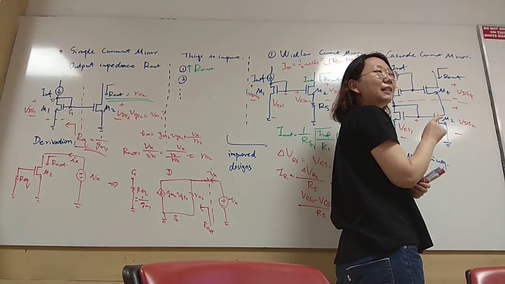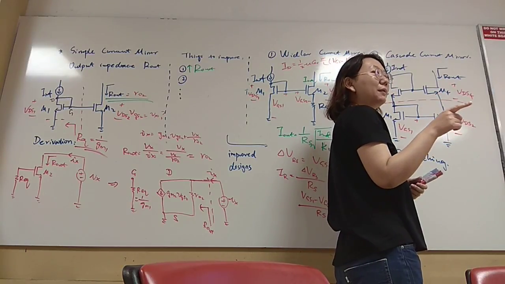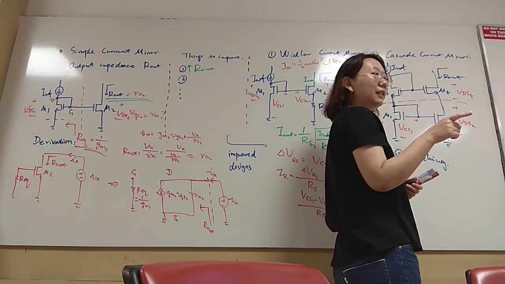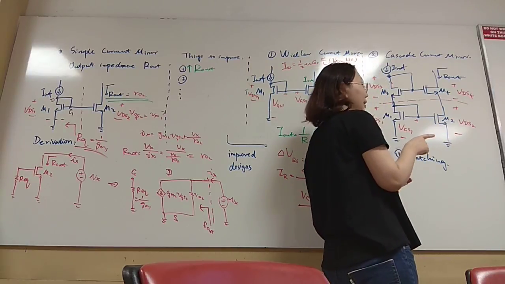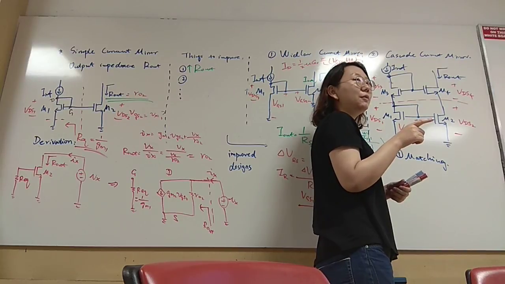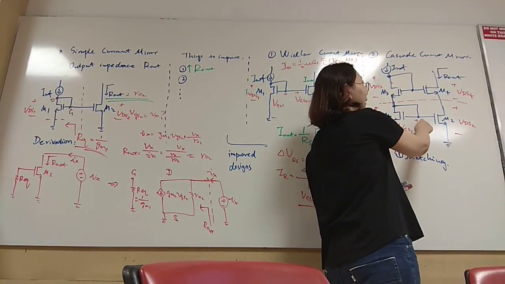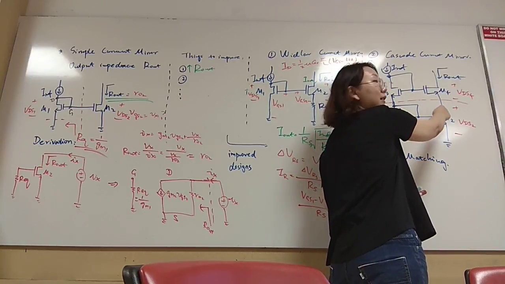You are saying VGS or VDS? VGS. Okay, it's about VGS1 plus VGS3 minus VGS4. Say one more time. Can you see that? VGS1 plus VGS3 minus VGS4.